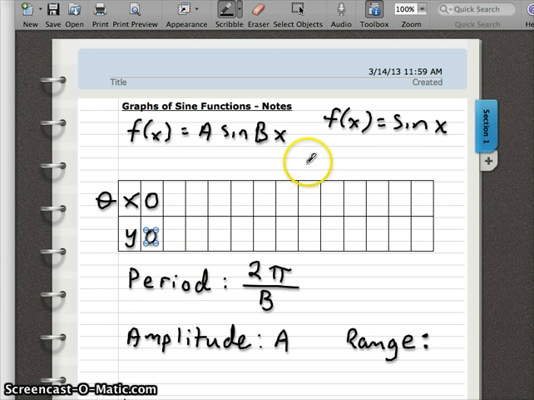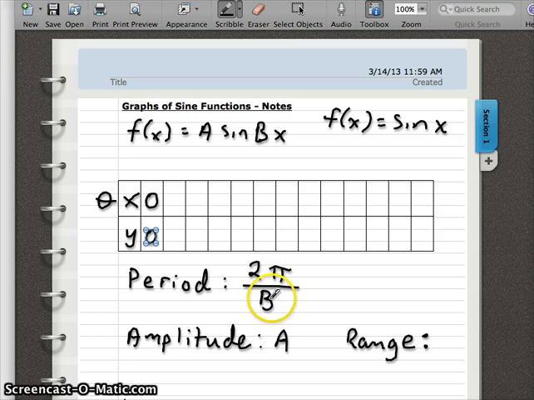But periods of various sine functions are going to change. It won't always be 360 degrees or 2 pi for a full cycle. So we establish what the period is by evaluating this equation right here. It's always 2 pi over b for sine. It's also the same for cosine, and we'll do that in the next video.